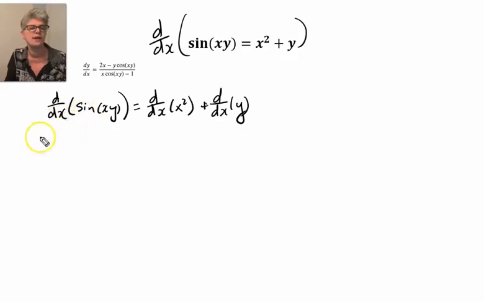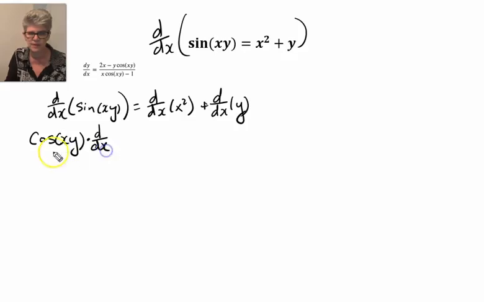Now, the derivative of sine is cosine, but we're not done. By the chain rule, we're going to have to multiply this by the derivative of what's inside here. The derivative of x squared is 2x, and the derivative of y with respect to x is just dy/dx.